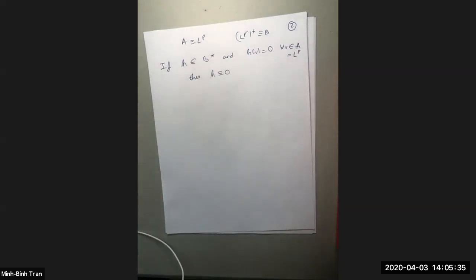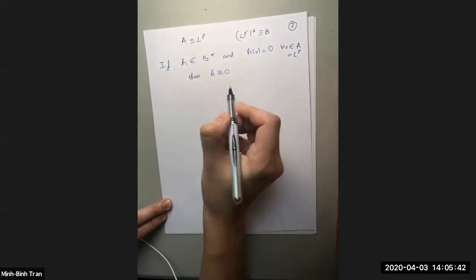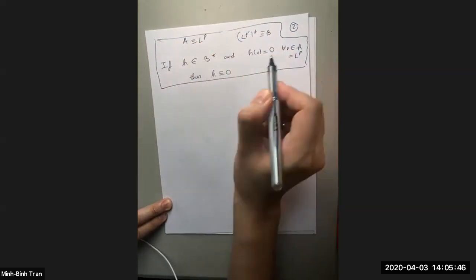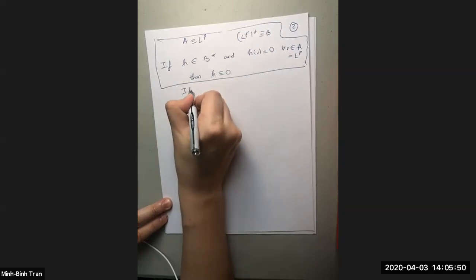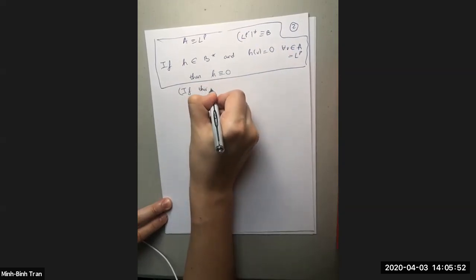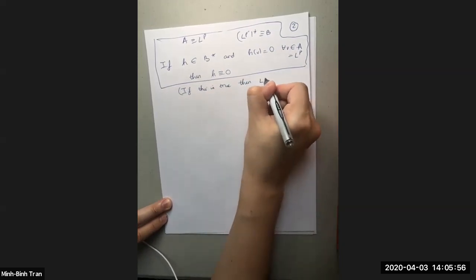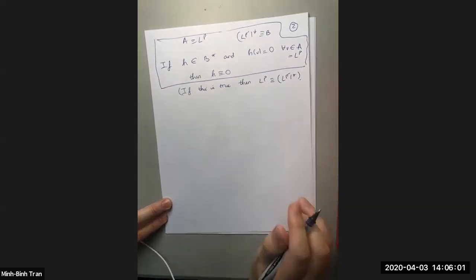This is what we need to prove, and if we can prove this, then A and B are the same, and L^p will be the same as (L^p')*.